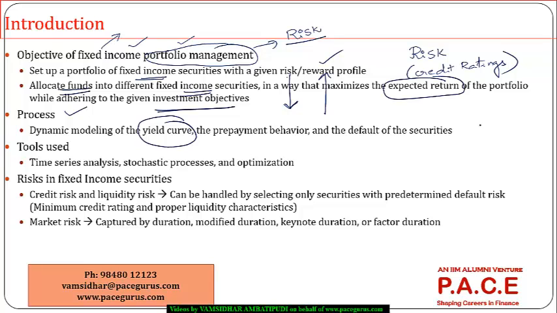When I am talking about the yield curve, I'm talking about how the interest rates of different periods, the 6 month interest rate, 3 month interest rate, 1 year interest rate, different interest rates across time, keep changing. Is it upward sloping, downward sloping, or flat? What is the shape of the yield curve?